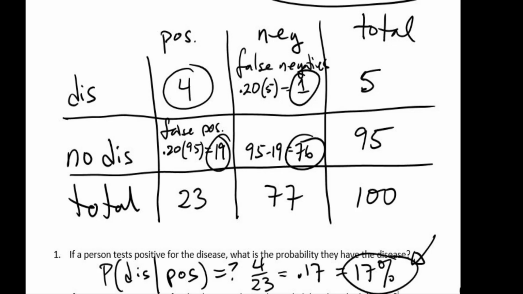Because what we've just seen is that if you test positive, the chance that you have the disease is only 17%. So it's really pretty much useless, right? 80% is just not accurate enough under the circumstances when only 5% of the population has this particular disease. So you'd have to have a much more accurate test. I'll get to that some more later in this video.